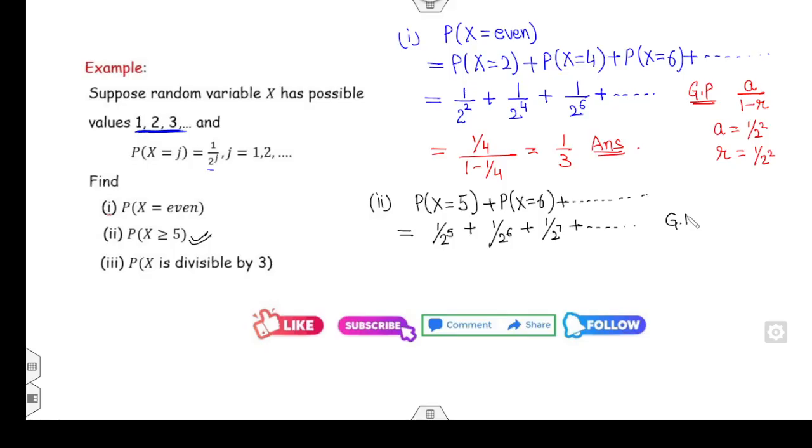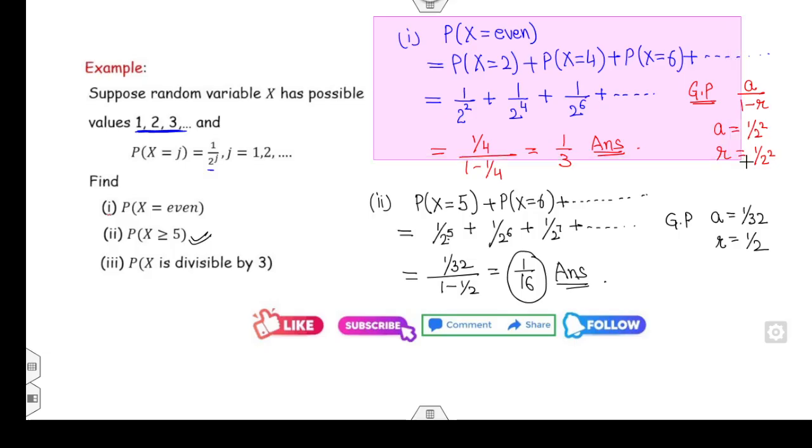Again, this is a GP with the first term 1 over 32 and the common ratio 1 over 2. So the answer is 1 over 32 divided by 1 minus half, which is half. If you divide them, 1 over 16 is the right answer of the problem.